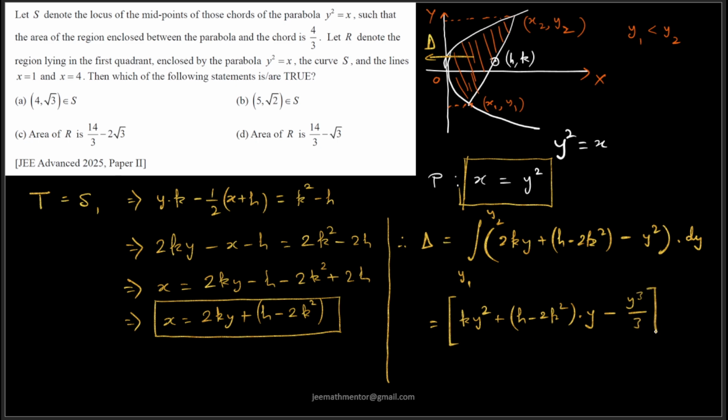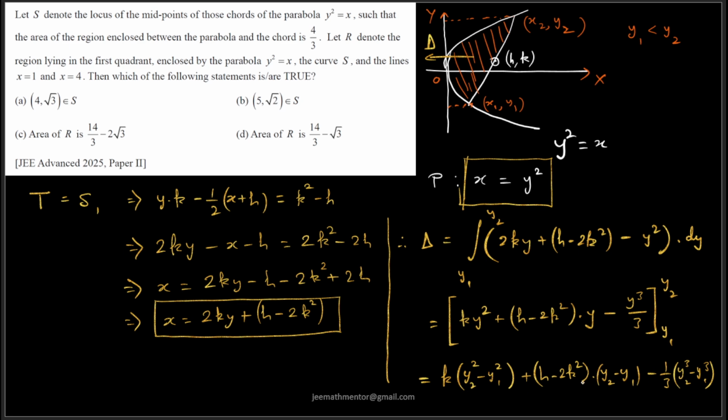All this within the limits y1 and y2, which becomes k times, when you introduce the limits, y2 squared minus y1 squared plus h minus 2k squared times y2 minus y1 minus 1/3 of y2 cube minus y1 cube.